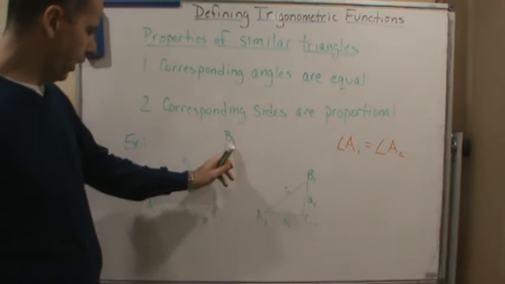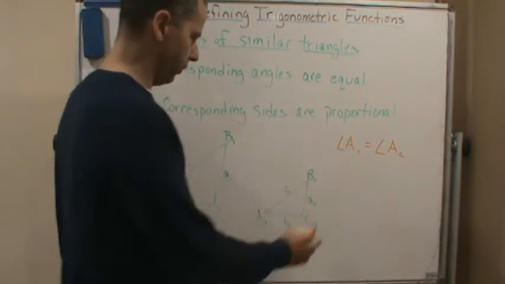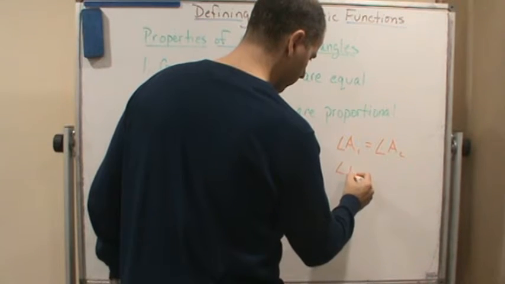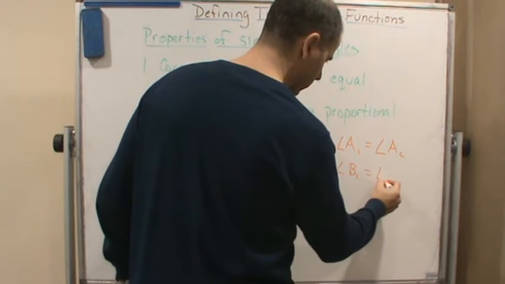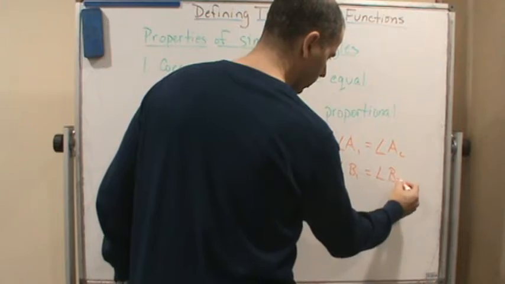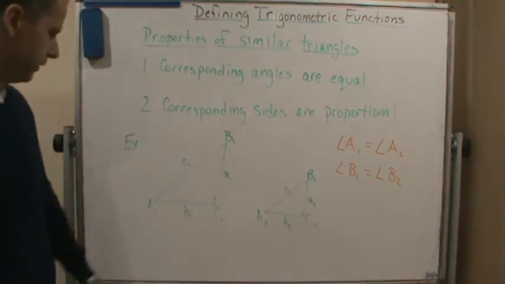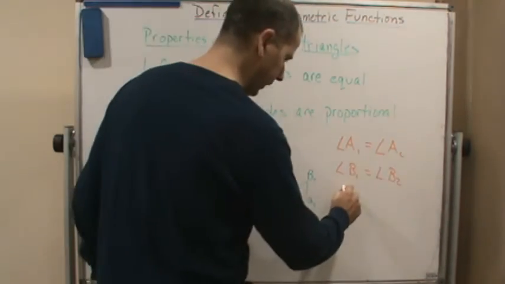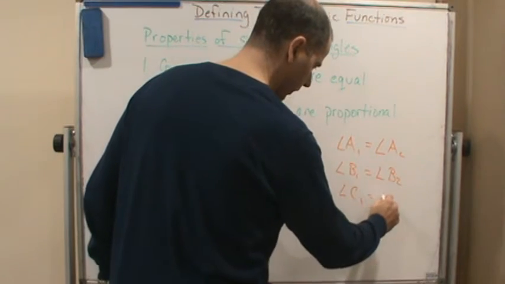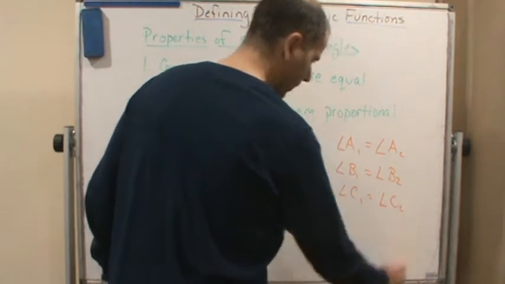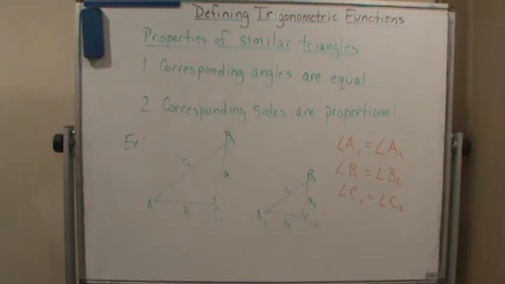And then angle B1 is equal to angle B2, and so on. And of course, the same thing goes for angle C1 and angle C2. Those are also equal.